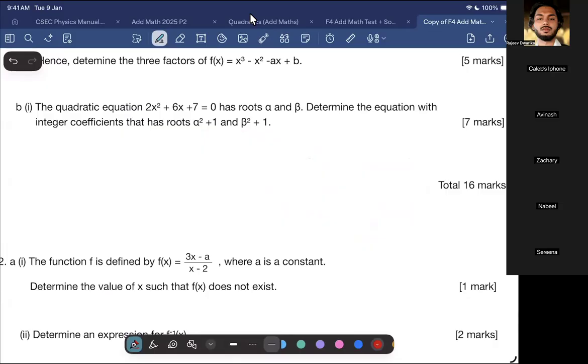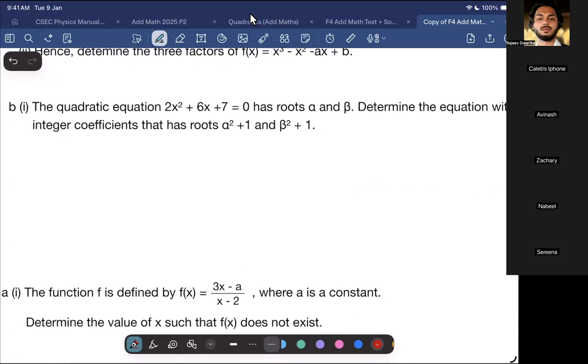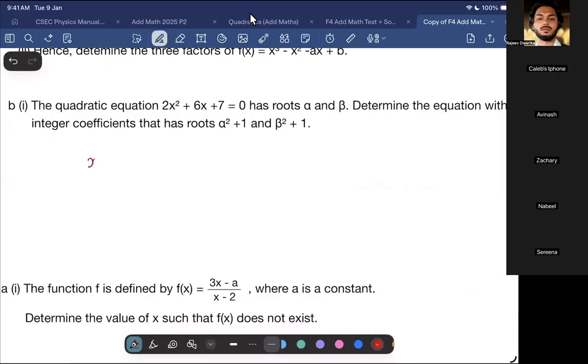It would be x squared minus the sum of the roots x, plus the product of the roots, and our entire thing is going to be equal to what? 0.